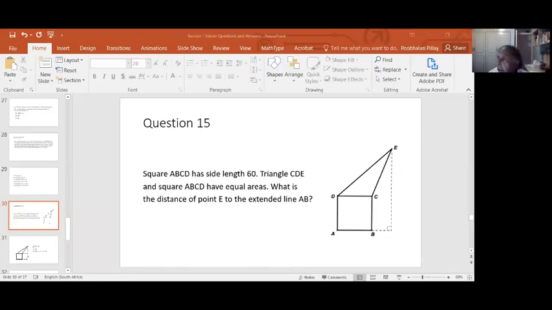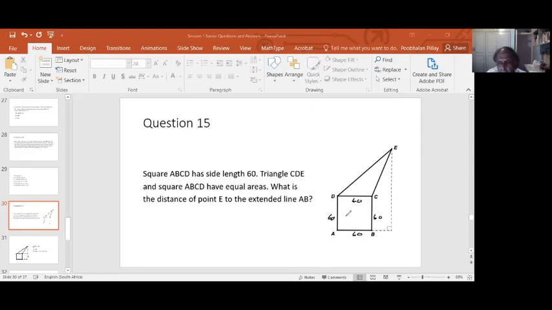So let's record that information. All the sides are 60. And then a triangle CDE is drawn. You have CD and you have E up there, but they have equal areas. The area of this is equal to the area of this.